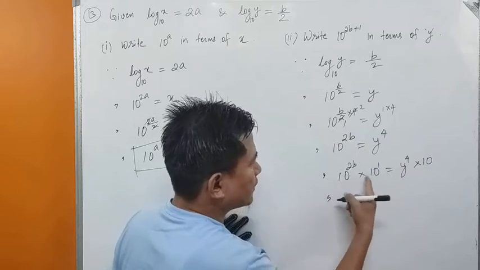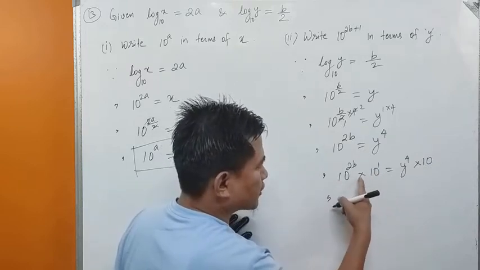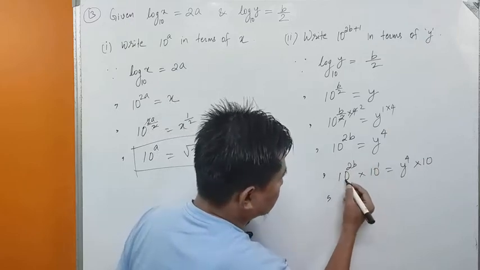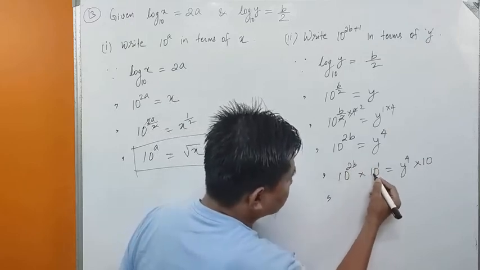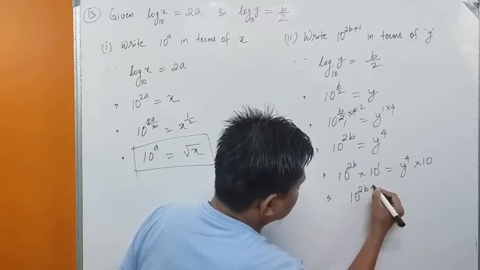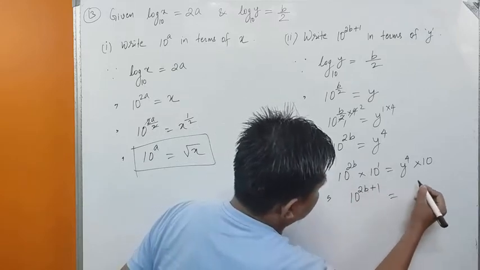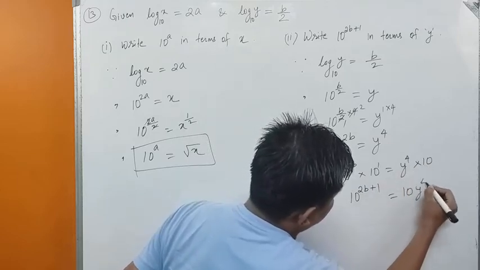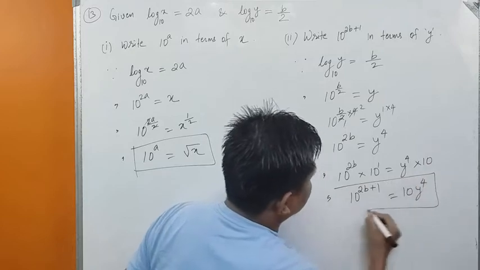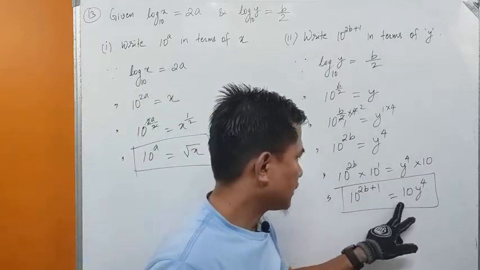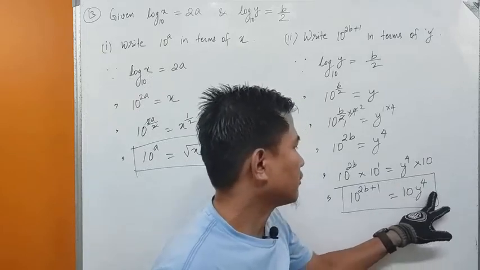Since the bases 10 and 10 are equal and there is a multiplication sign between them, we need to add up the powers. 10 to the power 2b into 10 to the power 1 is 10 to the power 2b plus 1 equals 10, we write in the front, y to the power 4. Okay, so we were asked to find the value of 10 to the power 2b plus 1. 10 to the power 2b plus 1 equals 10 y to the power 4.